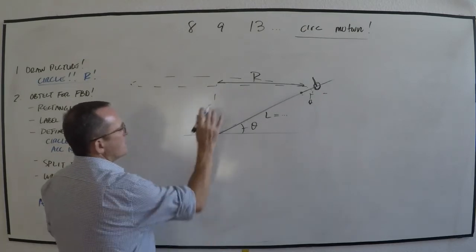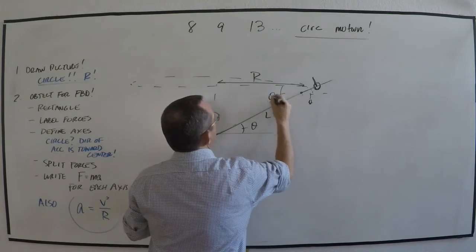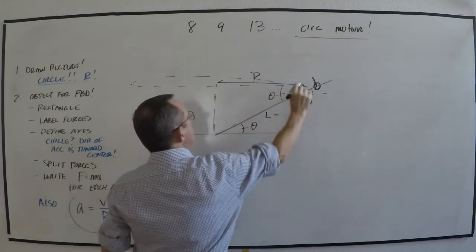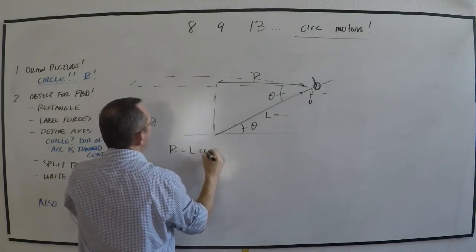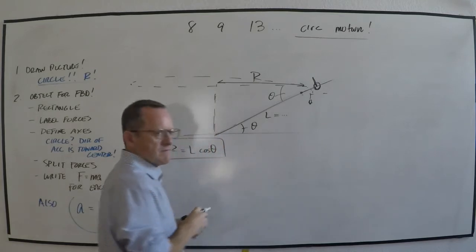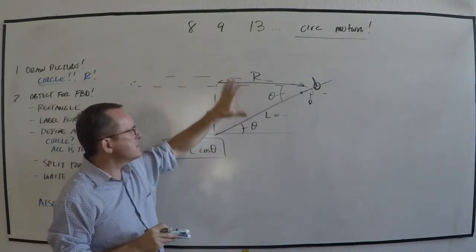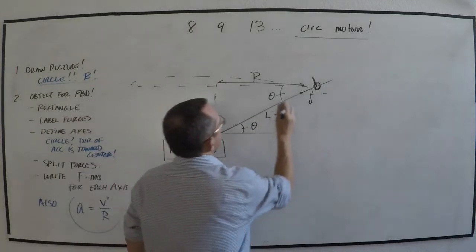Once you do that, what you should notice is this. This is angle theta. This is also angle theta. And you have a triangle here, which means R is L cosine theta. You have to be able to see those kinds of things in your picture. Now what? Well, they tell you the speed.